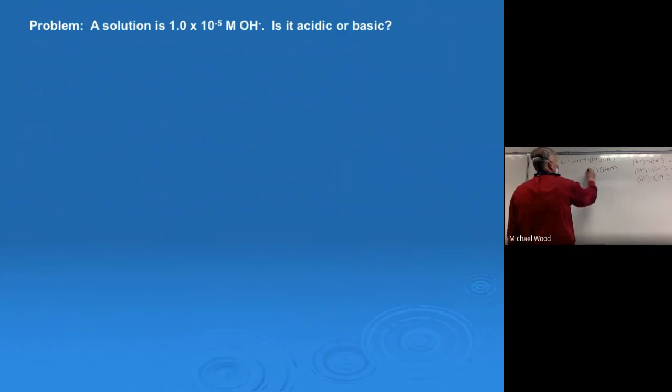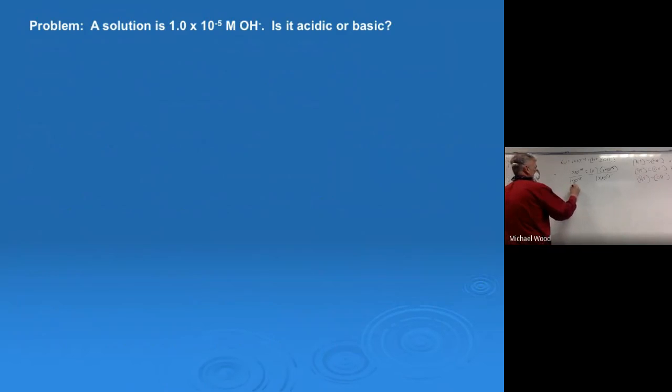I'm going to solve for the H plus, and then I'll compare the H plus to the OH. So just plug in the OH. It's not a difficult thing, but it would be worth doing this on your calculator. So 1 E negative 14 divided by 1 E negative 5.